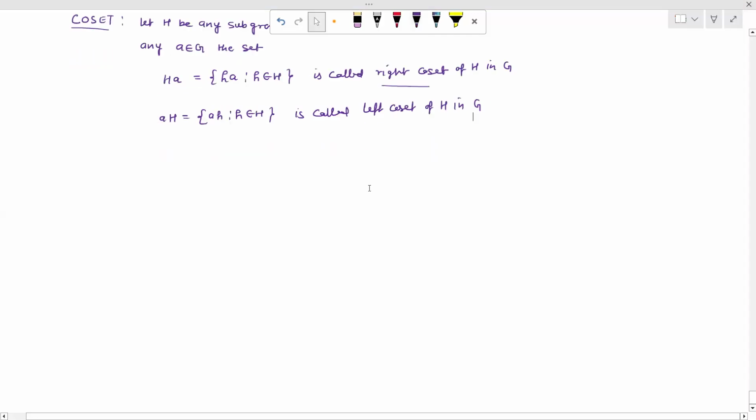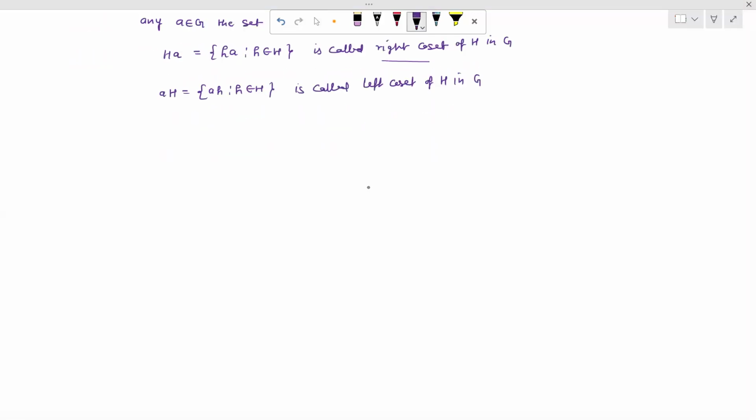Now we take some examples related to that. Let G be a group, for understanding the definition of coset.